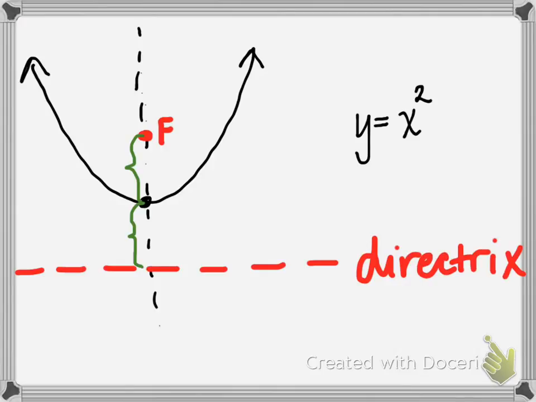So all parabolas have both a fixed point, which is called a focus, and this fixed line, which is called a directrix. And you'll notice that the directrix is perpendicular to the axis of symmetry.